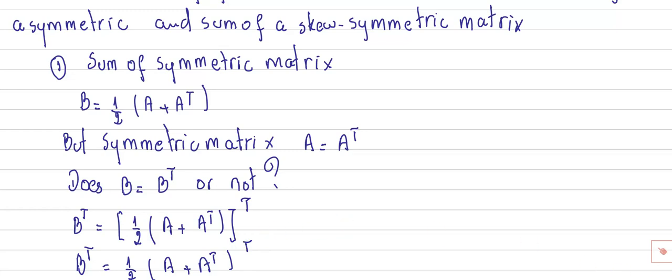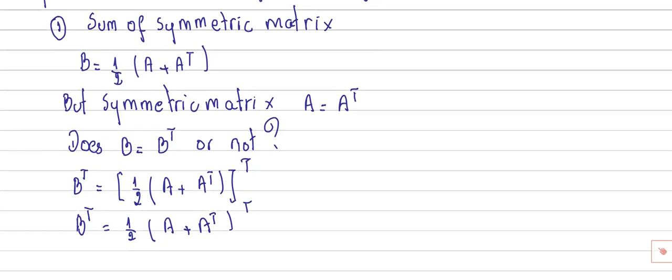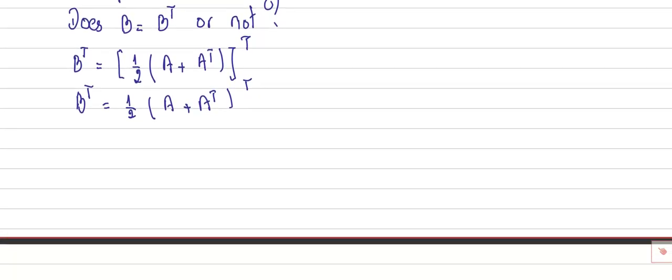And now we just write about B transpose. B transpose is equal to 1 over 2. So (A plus A transpose) transpose, we get A transpose plus A transpose transpose.